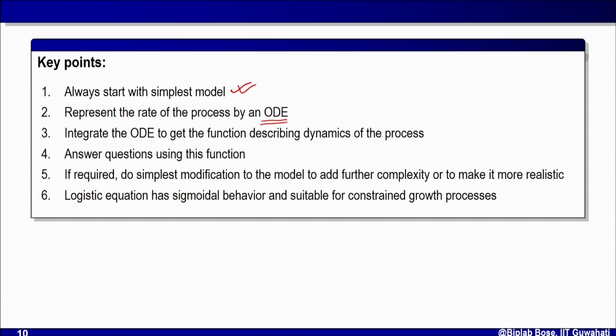Then we moved into making a slightly more complex model. Starting with a simple model, we moved into the logistic model, where we have considered that the environment has limited resources to accommodate a population. So we introduced the concept of carrying capacity and tweaked our previous equation with small additions here and there to create a new ordinary differential equation.